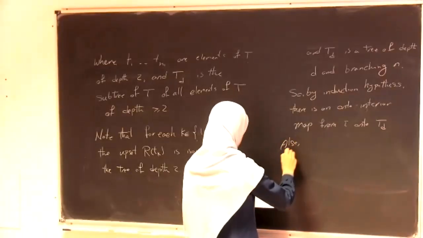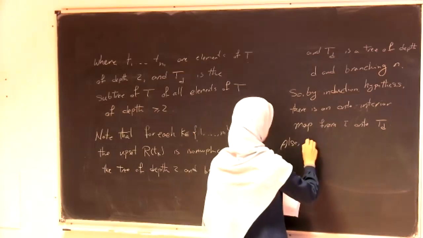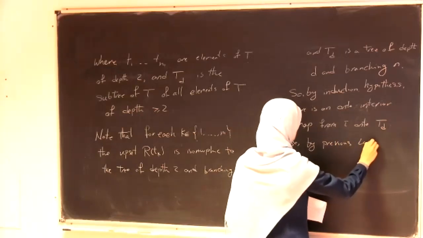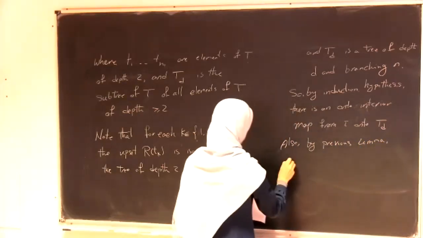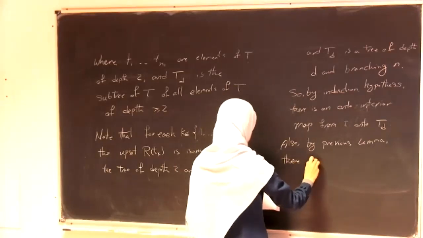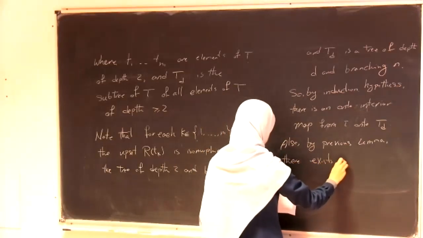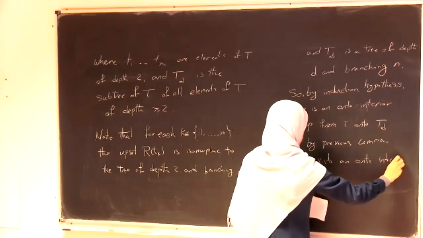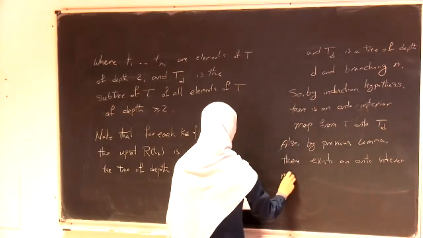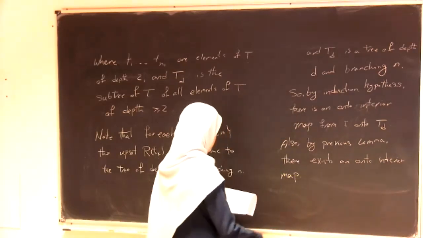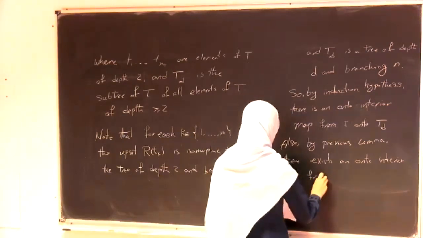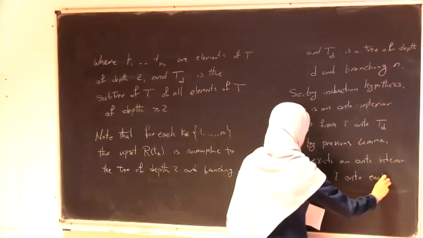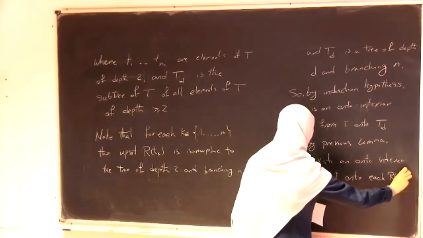Also, by the previous lemma, there exists an onto interior map from I into each T_k.